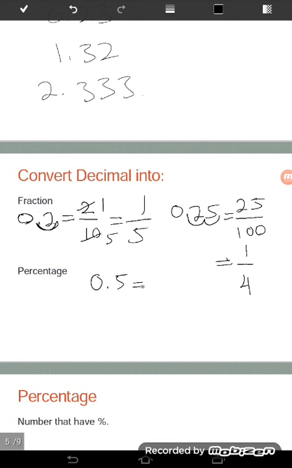Here there is 1 decimal place, so it is 5 over 10. Simplify by dividing by 5, and you get 1 over 2.